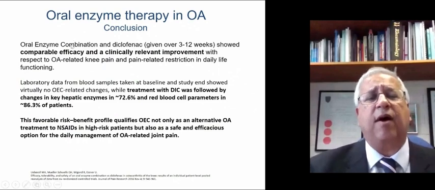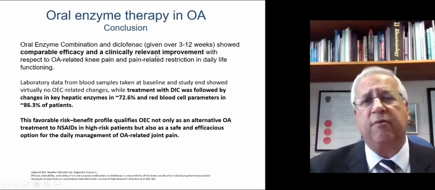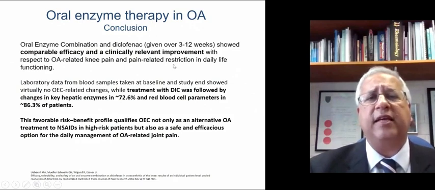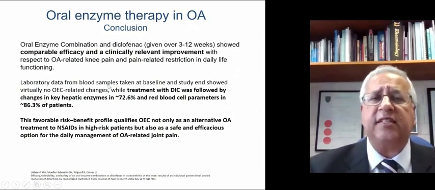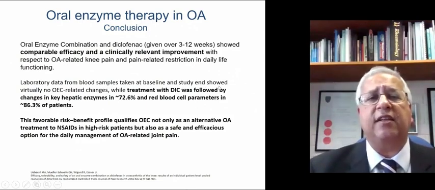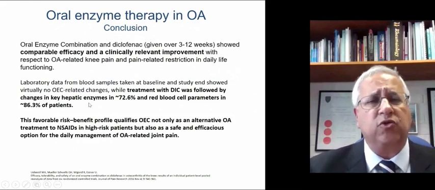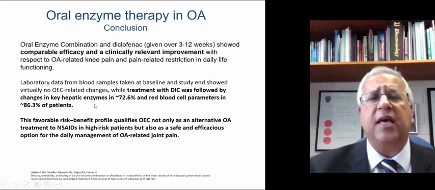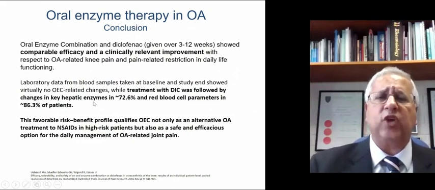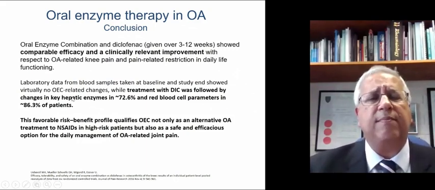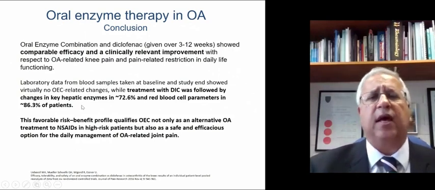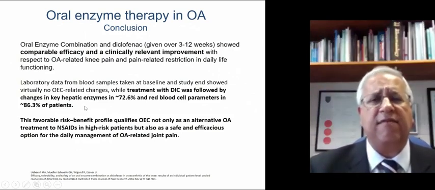And that is summarized in this last slide, where the oral enzyme combination and diclofenac over 3 to 12 weeks showed comparable efficacy with clinically relevant improvements in pain and pain-related function, but laboratory data from the blood samples taken at baseline and at the end of the study show virtually no changes in the oral enzyme combination group, whereas in the diclofenac group, there was alteration in key hepatic enzymes and in red cell parameters, suggestive of both pro-inflammatory and hepatocellular effects.